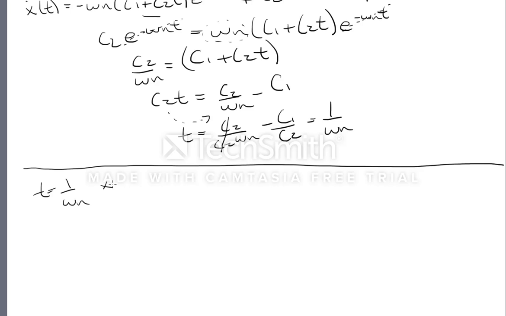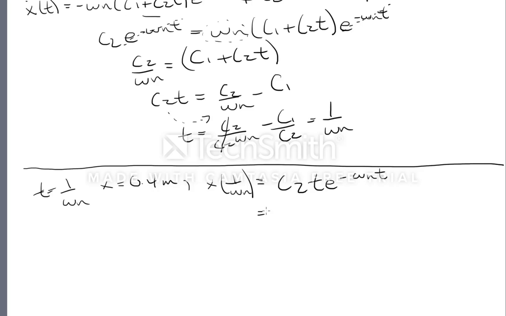and x equals 0.4 meters at this time here, t equals 1 over omega n. So going into our equation, x at 1 over omega n equals C2 t e to the negative omega n t.